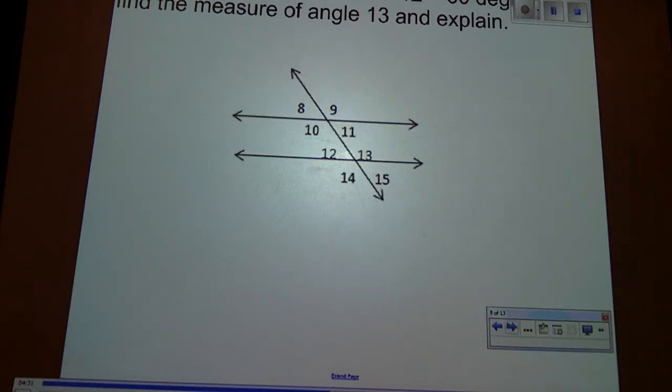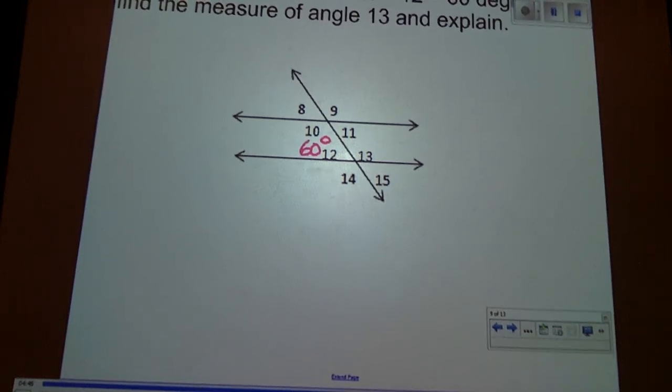Okay, in this example, if the measure of angle 12 is 60 degrees, find the measure of angle 13 and explain. Well, first look at 12 and 13. These angles are right next to each other. They're adjacent angles, and they're supplementary. They form a straight line. So we know a straight line has to add up to equal 180 degrees.